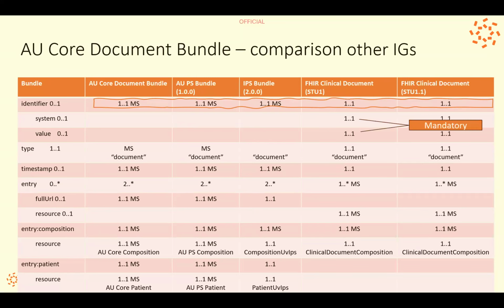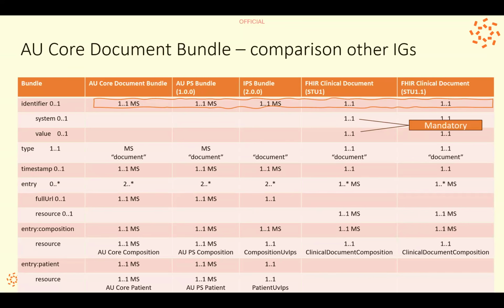Don't know if there's any comments around that. I guess what is stipulated in the FHIR clinical document is that the sub-elements, system and value, are also mandatory, which is somewhat obvious, otherwise without a value an identifier is pretty useless.